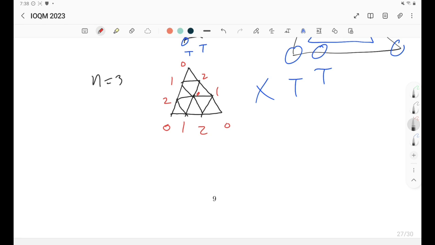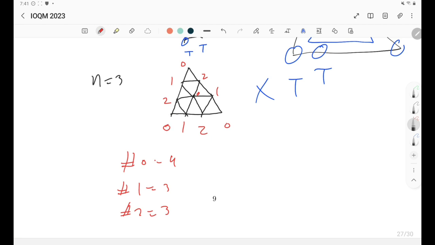Each time we choose a triangle and flip it, the 3 are going to change their parity: the number of ones, 2s and 0s. When we started, the number of zeros is 4, the number of ones is 3, and the number of twos is also 3. Now if you think about it, we want each one of them to be flipped an odd amount of times.